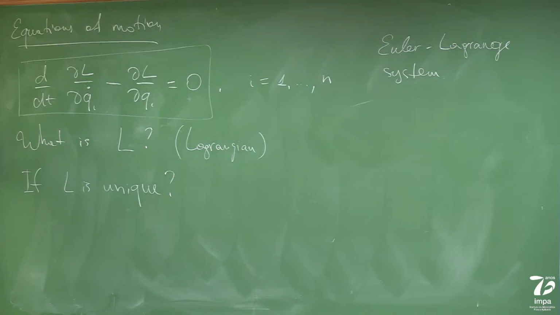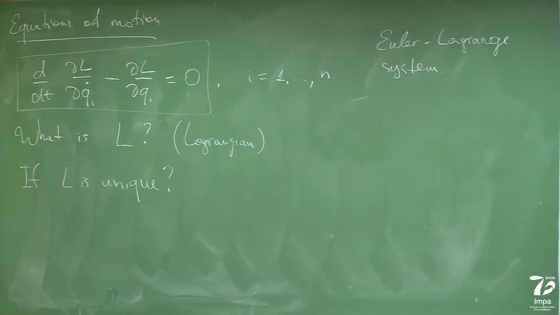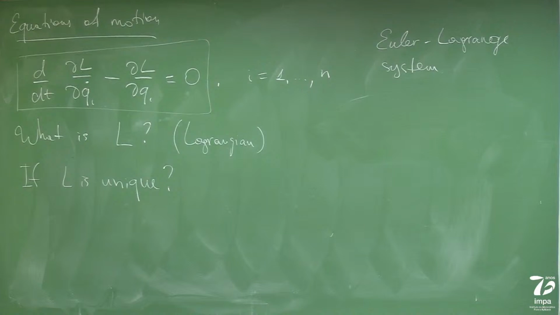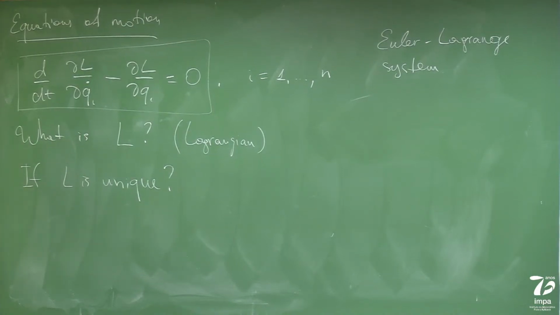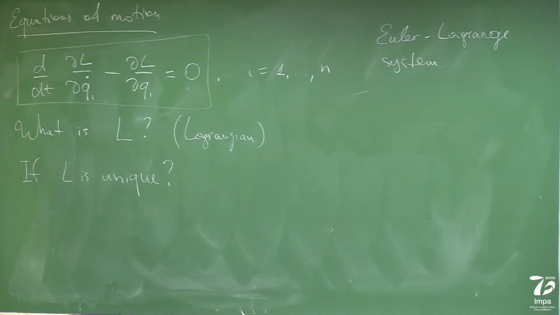Let's assume that you have a certain law for the evolution, which is given by a certain Lagrangian function. If this evolution is described by L, can we construct another Lagrangian which gives exactly the same laws of motion? The answer is no.